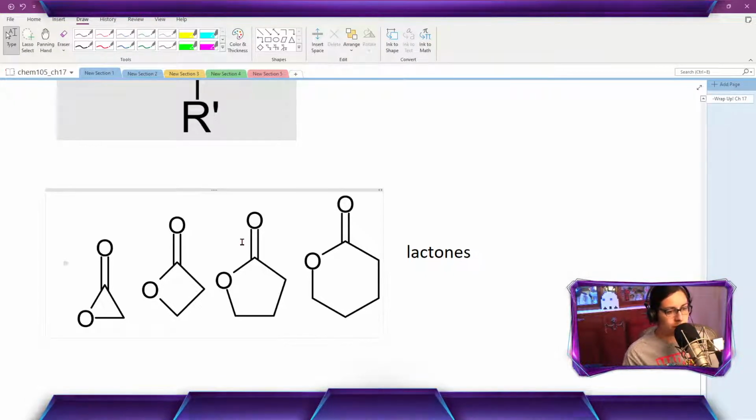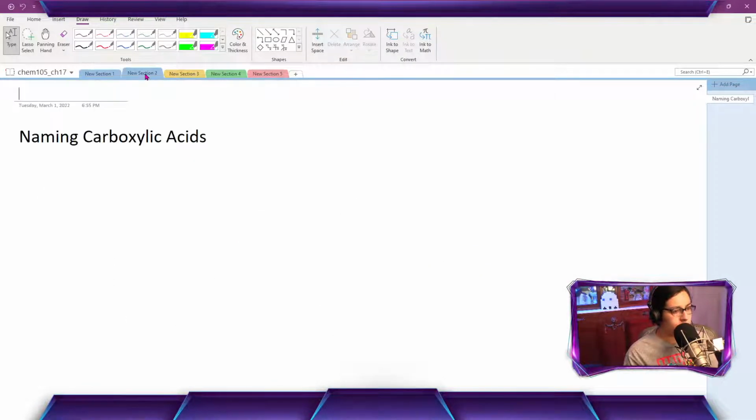So let's look at a couple of things. Actually, let's skip to naming carboxylic acids, and then we'll come back to those lactones.